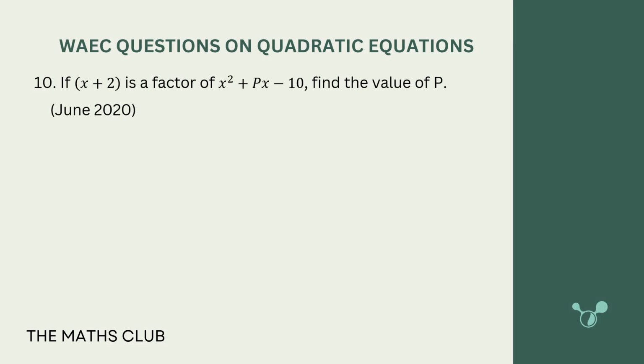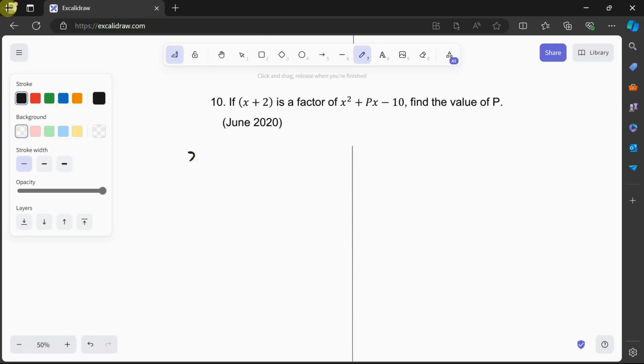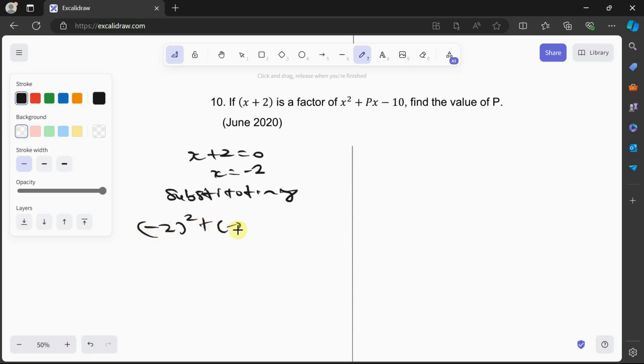Question 10 says that if x plus 2 is a factor of x squared plus px minus 10, find the value of p. When they say something is a factor of something, that means that if I make this x plus 2 equal to 0 and I plug that value into this place here, this value also becomes 0, right? So let's solve that together. x plus 2 is a factor, so that will be equal to 0. Our x value is minus 2. Let's plug into this equation. We have minus 2 all squared plus minus 2 times p minus 10, and when I plug it in, this will give me 0 because it's a factor.